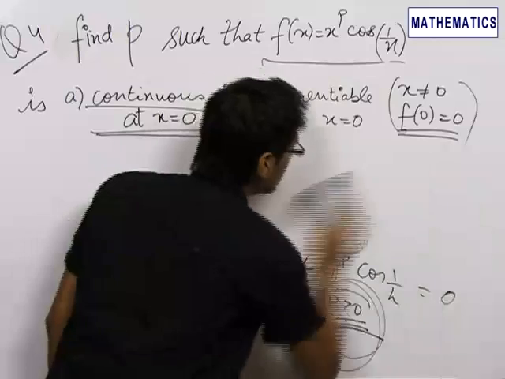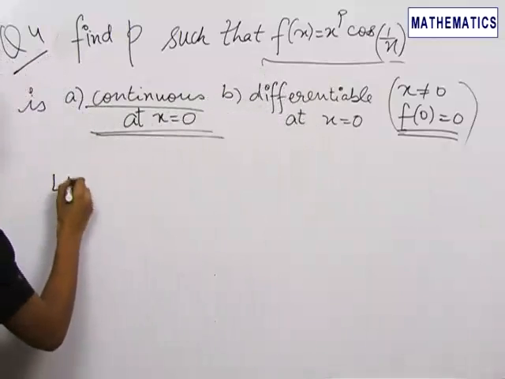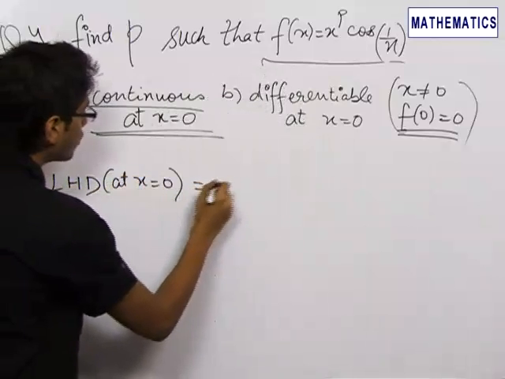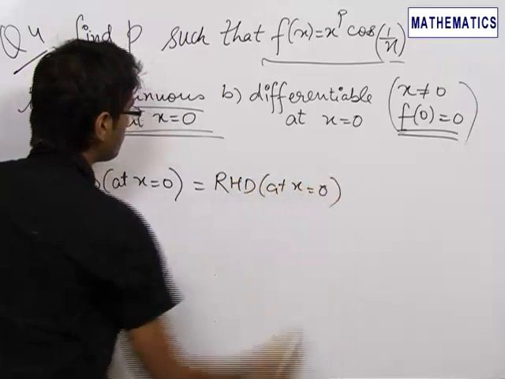For the differentiability part, we have to have the left hand derivative at x equal to 0 equal to the right hand derivative at x equal to 0.